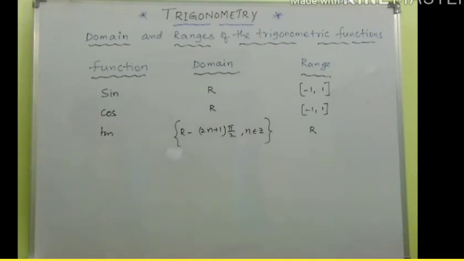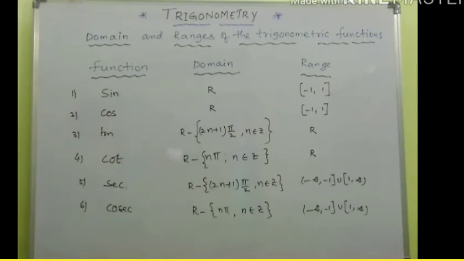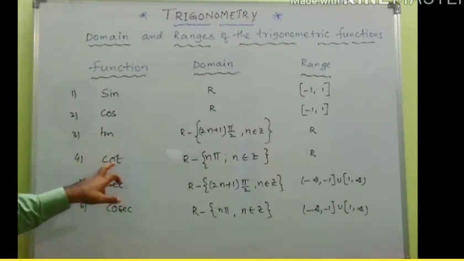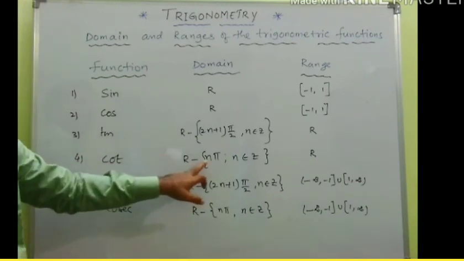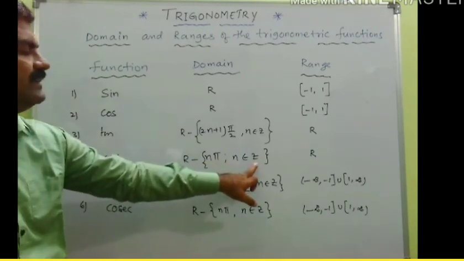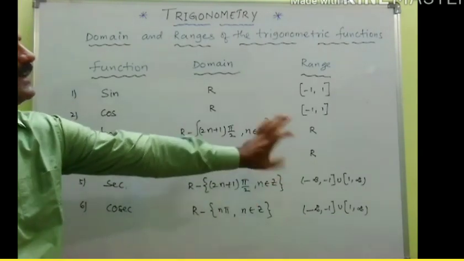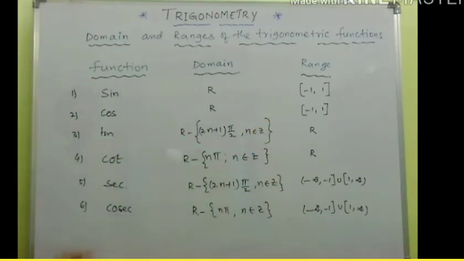Similarly, we can also observe the rest of the functions' domain and range. So coming to cot theta, its domain is R minus n pi, where n is an integer, and range is capital R. And secant theta and cosecant theta.